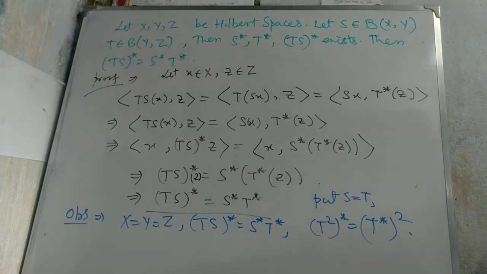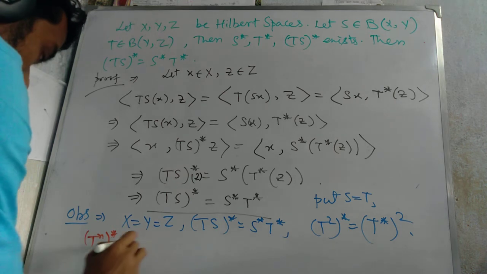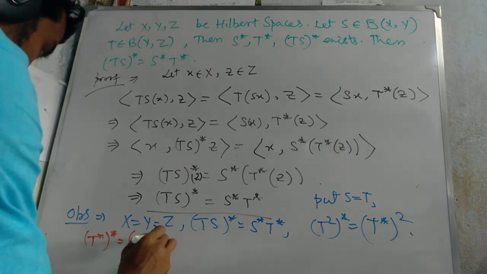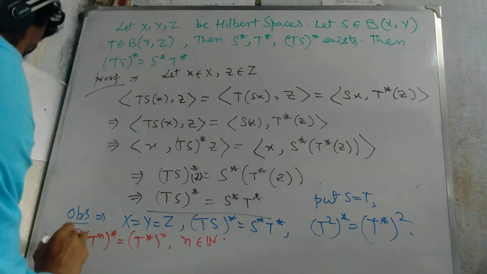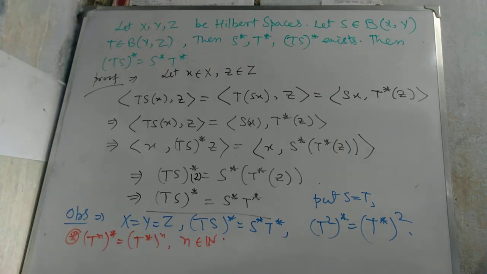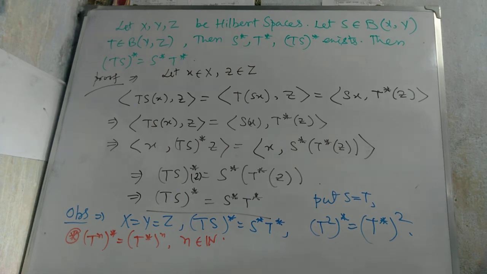In general, (T to the power n) adjoint equals (T adjoint) to the power n. We're done. So we also discussed the adjoint operator. Today we stop here.